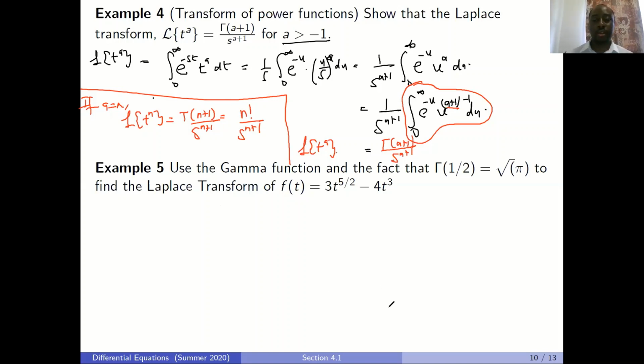All right, so now using that fact, we can find the Laplace transform of this function right here. Okay, we know this is a continuous function, we know it's of exponential order, and so we can go ahead and find its Laplace transform.